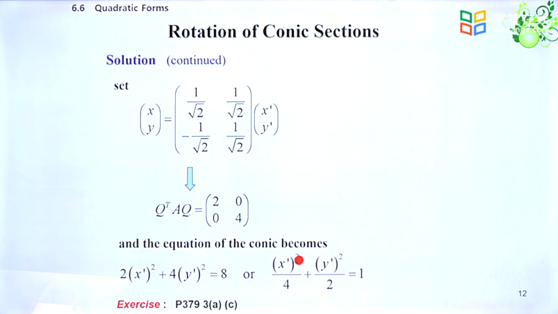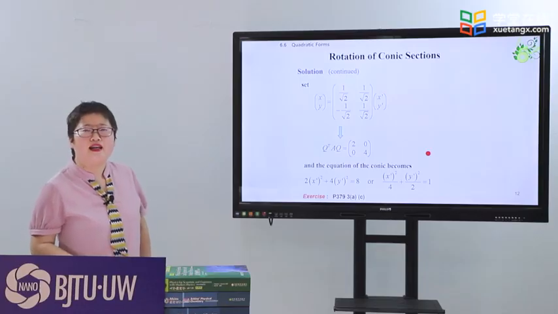Then the equation of the conic becomes this one. See? Just like 2x prime power 2 plus 4y prime power 2 equals 8. So you can also further transform it into this form. From this form, immediately you know that this is an ellipse, right?